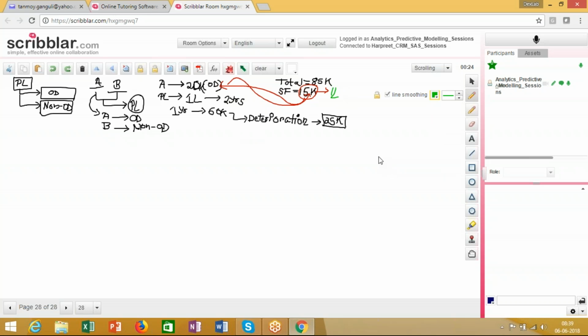The moment he does this, he pays back 1 lakh, but he has overdrawn from his account worth 15,000. So his account is overdrawn by 15,000.